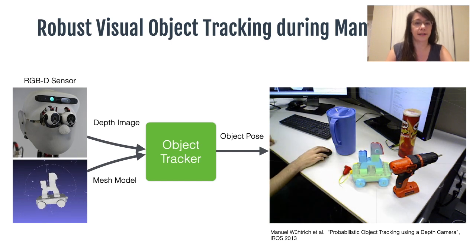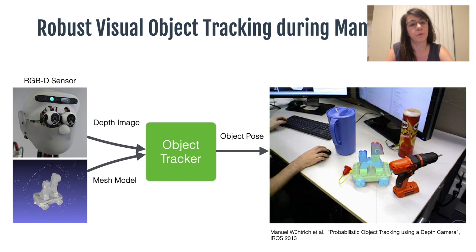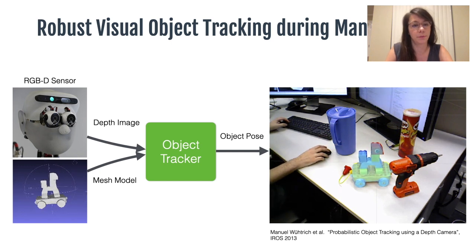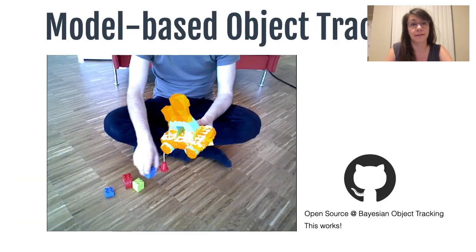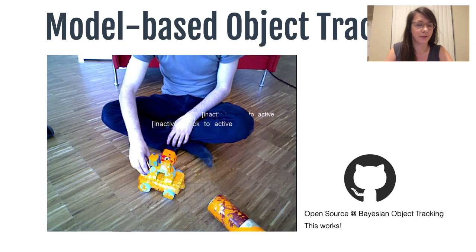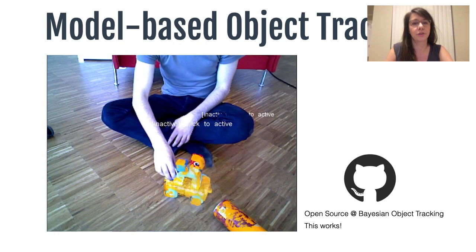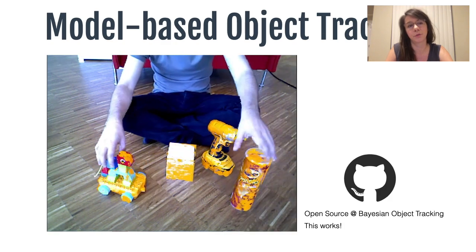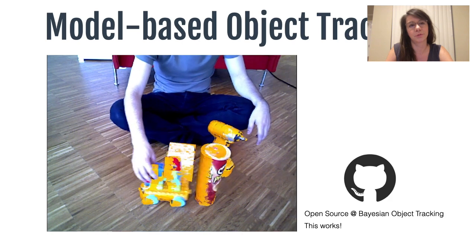And in order to make that tractable, we basically had to implement a smart factorization that resulted in a Rao-Blackwell filter, and all of this is implemented on the GPU. And if you are interested in trying this object tracker, maybe you need one for your manipulation robot, go to GitHub and check out this open source code, and you will be able to use this model-based object tracker.